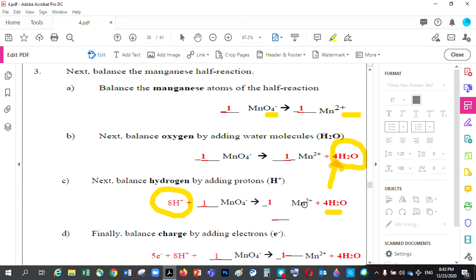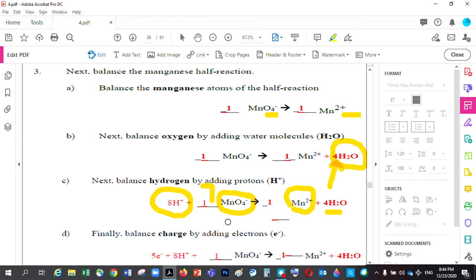Why? Because here we have 2 positive charges and here we have 1 negative charge and 8 positive charges. So the net here is -1 plus 8 positive, that's +7, and here is +2. So something is not correct. How can we balance it? Well, we look at the idea that the manganese in permanganate is +7 and here it's +2.